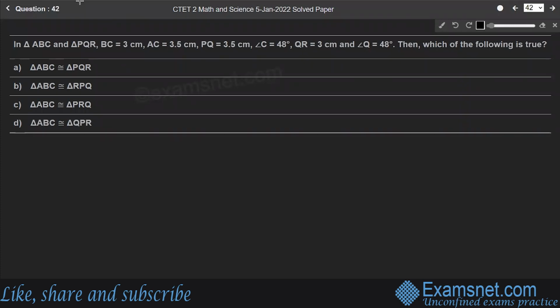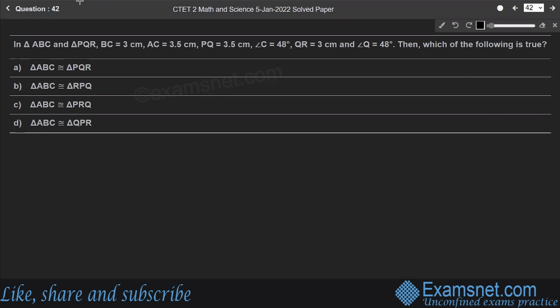Question number 42. In triangle ABC and triangle PQR, BC is 3 cm, AC is 3.5, PQ is 3.5, angle C is 48 degrees, QR is 3 cm, angle Q is 48 degrees, then which of the following is true?